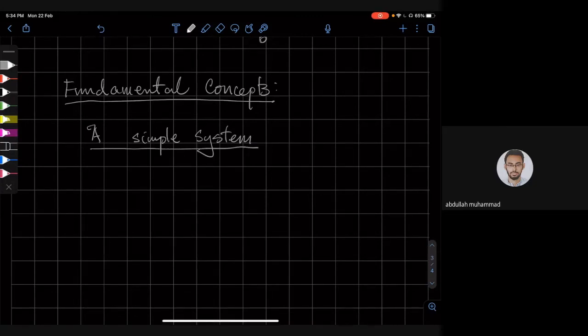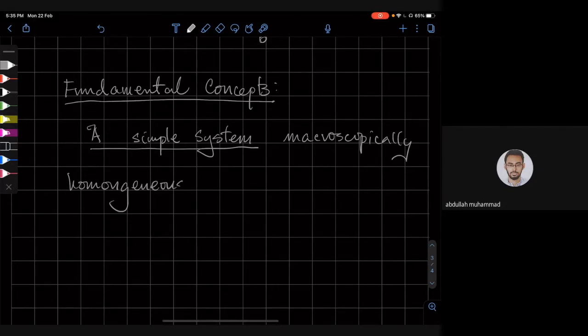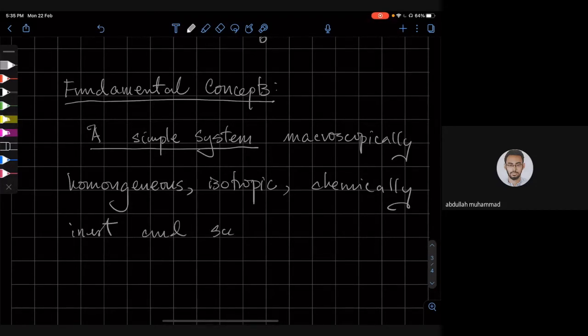And a simple system is essentially a macroscopically homogeneous and isotropic and chemically inert and sufficiently large system. That's a simple system.